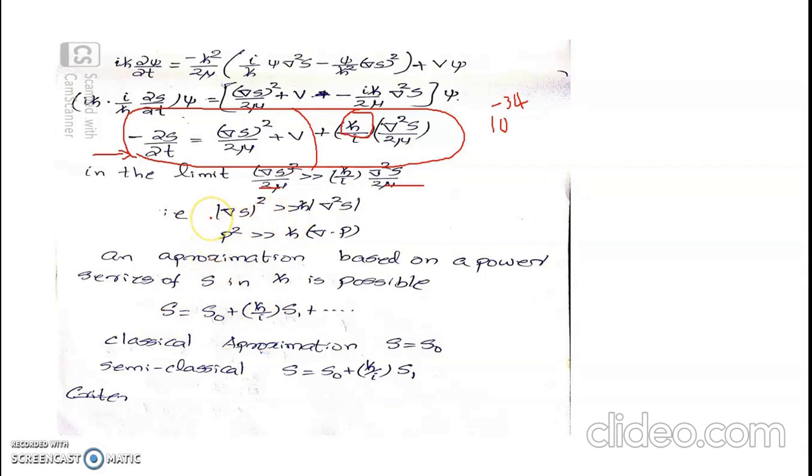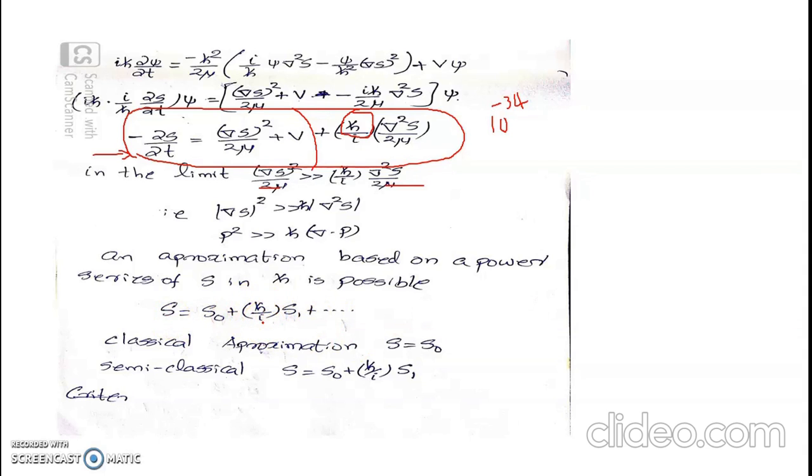Making use of this approximation, the quantum mechanical action may be written as S equal to S0, where S0 is nothing other than the classical action, which includes the zeroth power of ħ, the one and only term devoid of ħ, plus (ħ/i)S1, plus (ħ/i)²S2, plus etc. So the overall quantum mechanical action will be a series in terms of different powers of ħ/i.